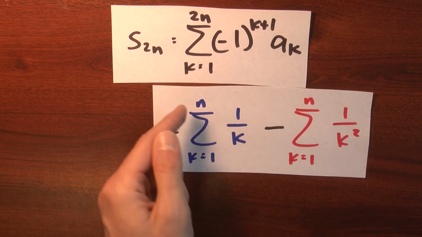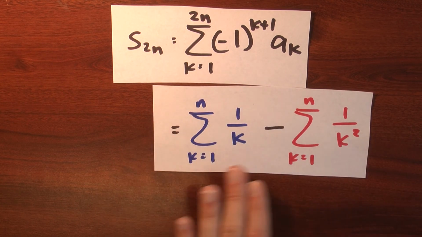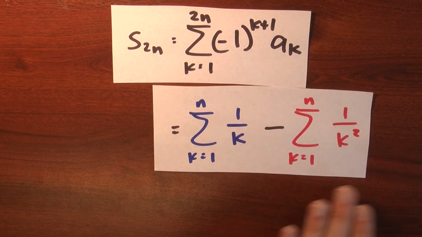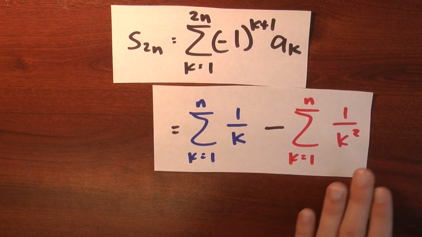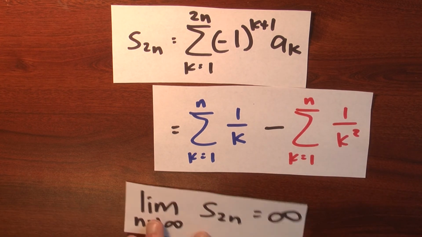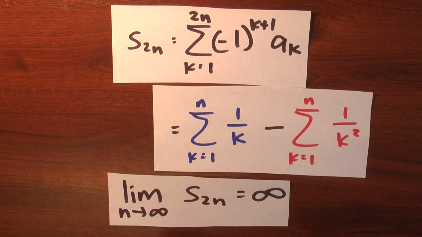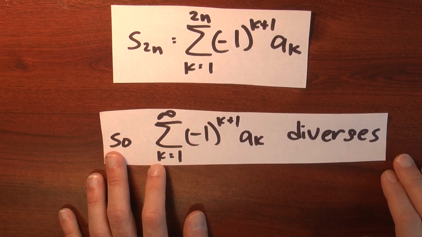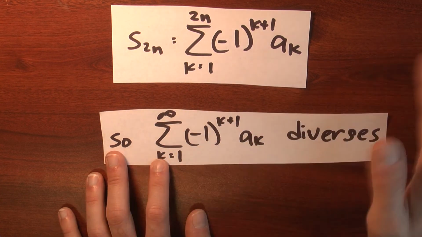So what happens when n is really large? This term becomes as large as I'd like. This term never exceeds the value of the convergent p series with p equals 2. And that means that the limit of these even partial sums is infinite. And consequently, this series diverges because the limit of the partial sums doesn't converge.